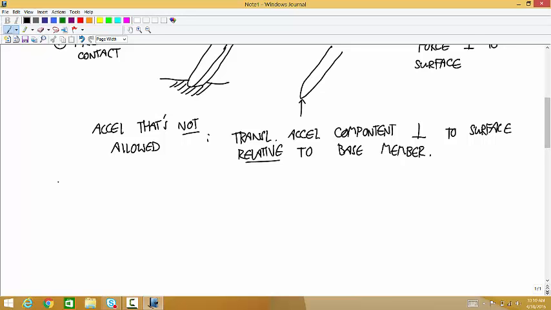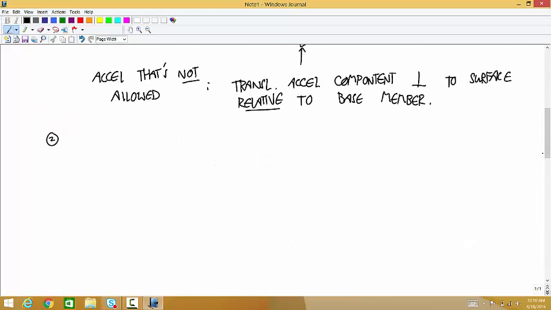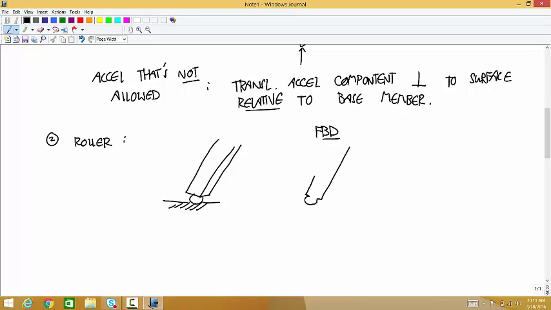Okay, the second type in this first category that provides one load variable and restricts one type of acceleration is a roller. So that's just like a ball in contact with the ground. A free body diagram looks like that.